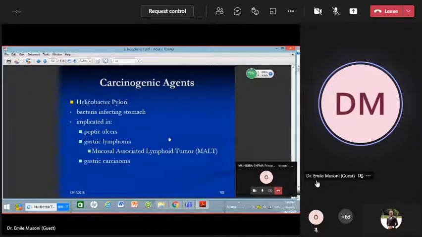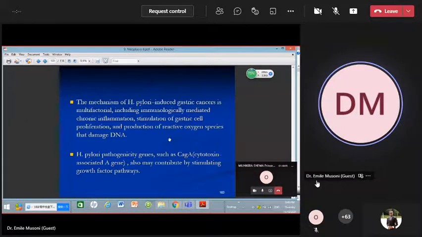Most of the time these are the ones targeted in case of gastric lymphoma. Here they show the mechanism induced by Helicobacter pylori, HP, to cause the cancer. HP pathogenesis genes such as CagA may also contribute to stimulating growth factors.